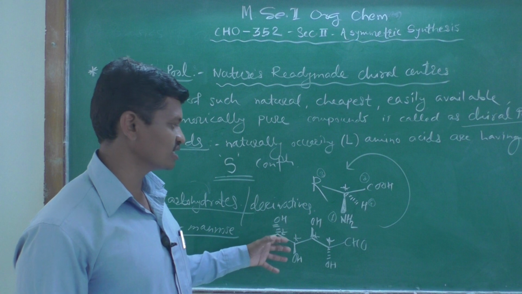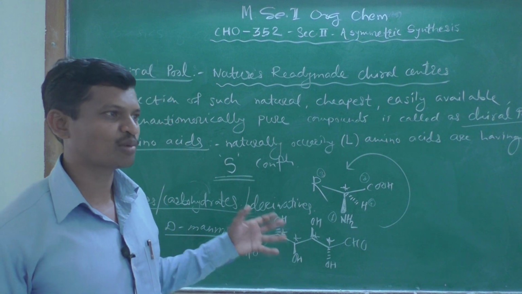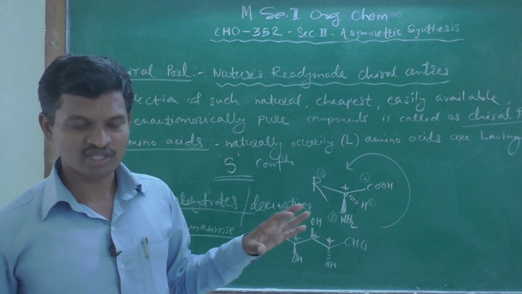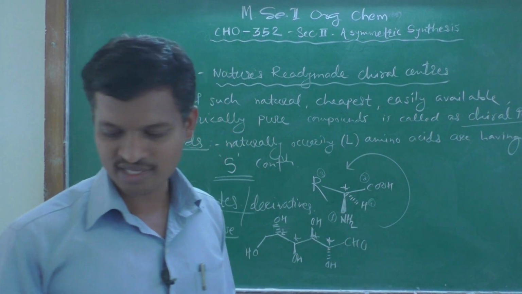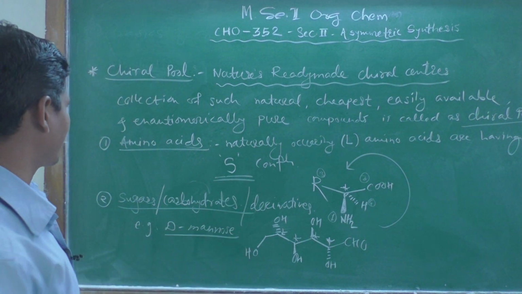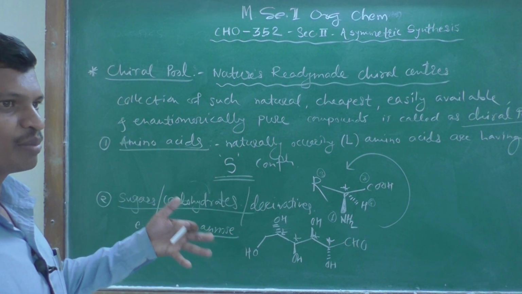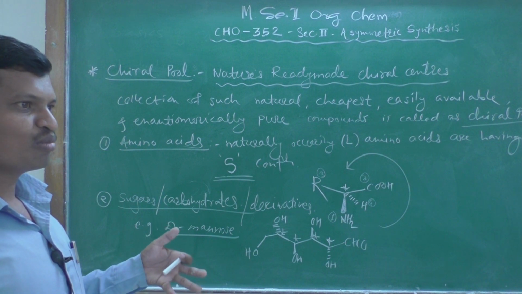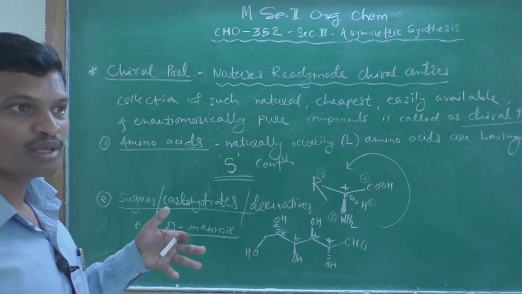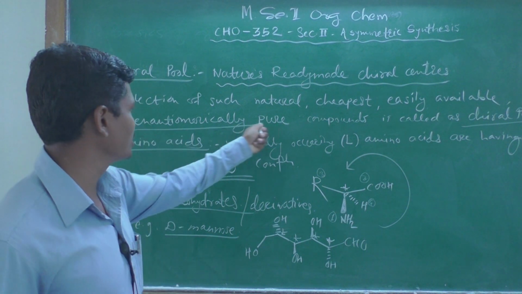So such sugar or carbohydrate molecules can be used in our synthesis for asymmetric synthesis purposes, and hence the name chiral pool. This is the concept of chiral pool: a collection of molecules, ready-made, naturally occurring and enantiomerically pure. This word is very important, enantiomerically pure.